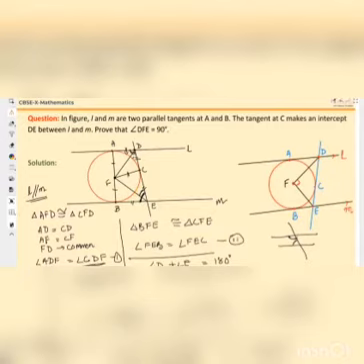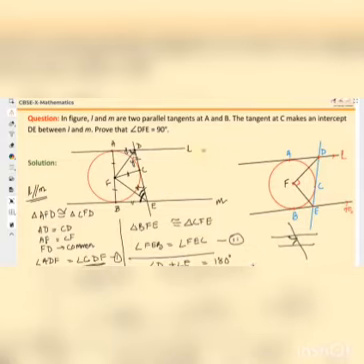So 2 times of angle FEC. So that is equal to 180. That means what? Let me say this is X and let me say this is Y. So that means angle FDC plus angle FEC. If I divide both sides by 2, I'll get 90 degrees here.